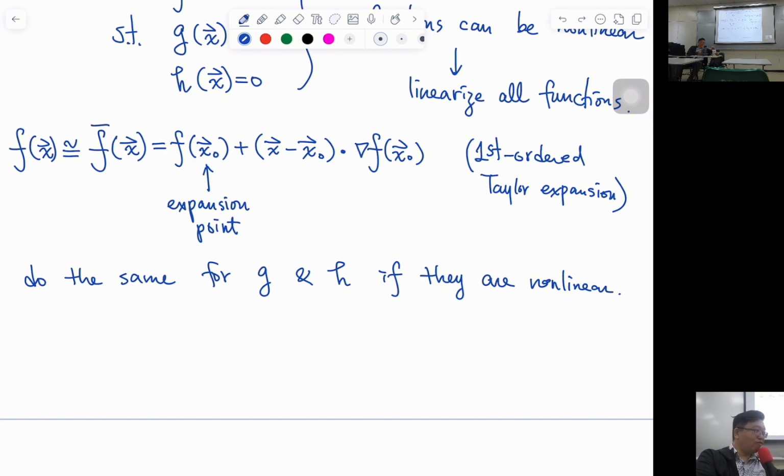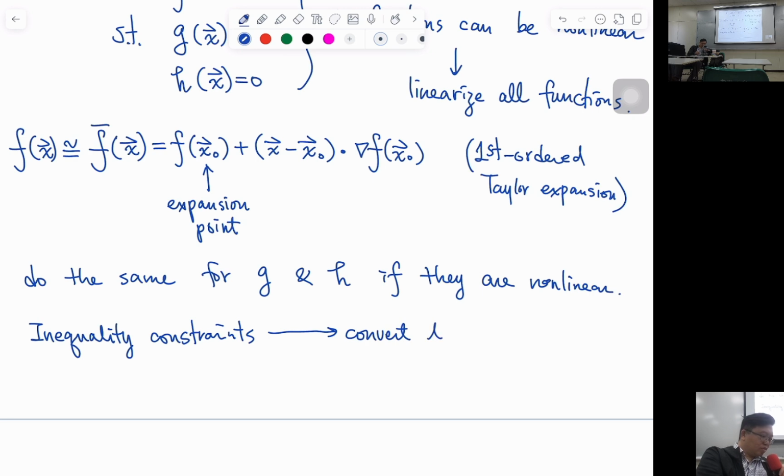So we need to convert inequality constraints into equality ones. Okay? So how do we do that? Let me show you 2 examples.